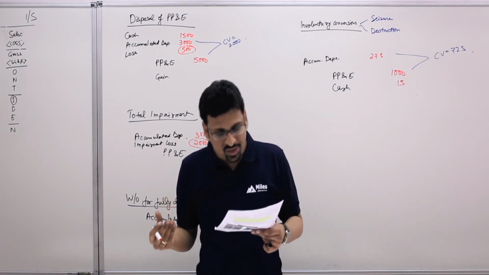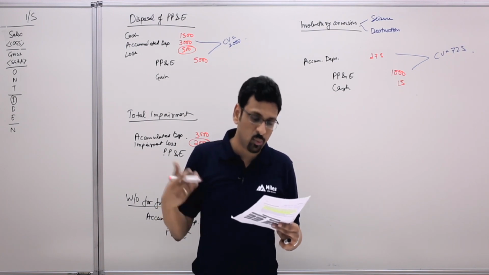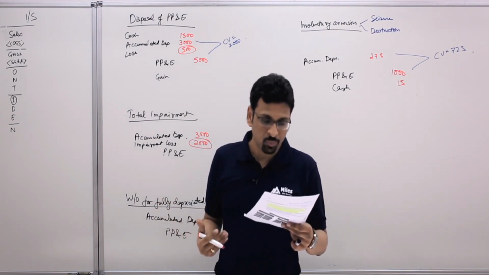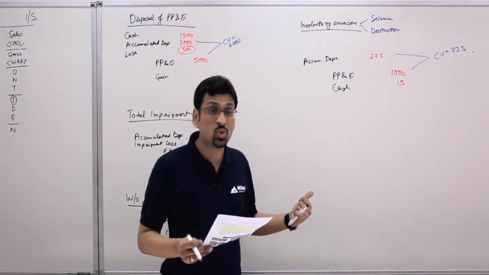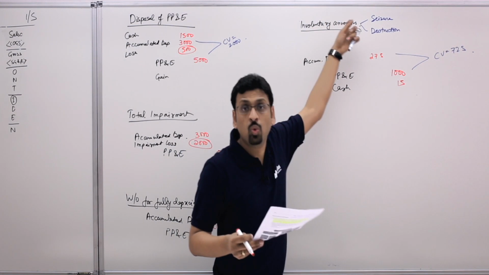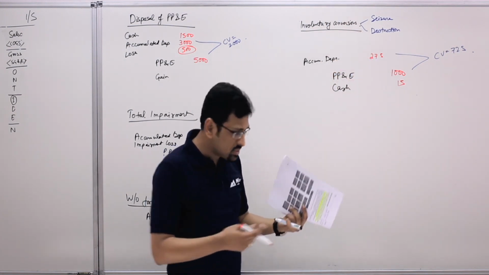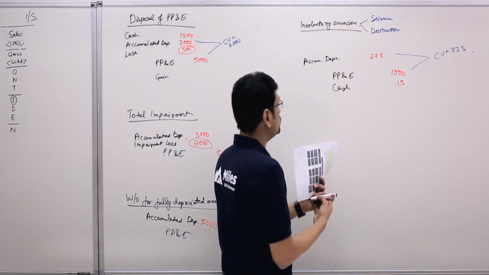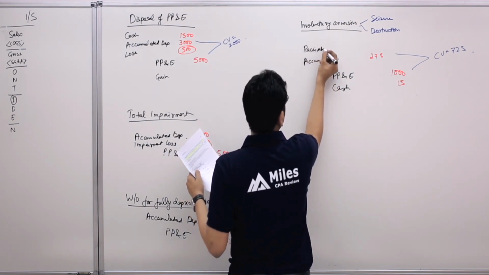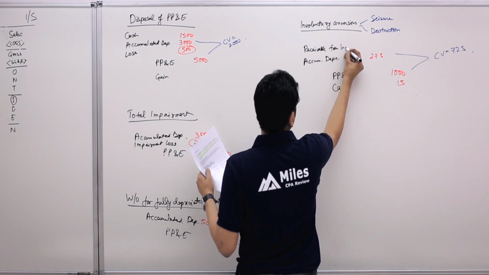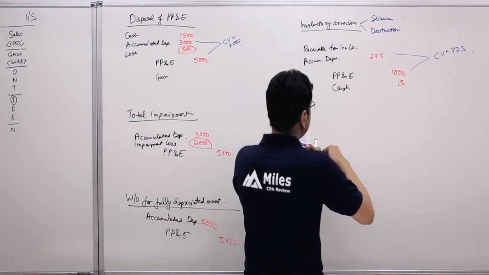On 30th June next year, World Company completed construction of a new warehouse for $1.2 million. We're not concerned about the new warehouse yet. We're looking at the old warehouse which was involuntarily converted. The insurance company paid them $700,000, so in this year, it was a receivable from the insurance company of $700,000.